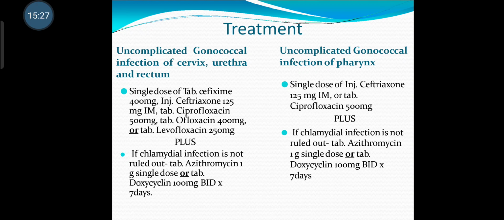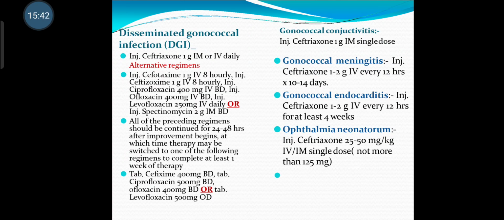For the pharynx, ceftriaxone, ciprofloxacin can be given. For chlamydial infection, azithromycin or doxycycline can be given in both conditions. In disseminated gonococcal infection, the following drugs can be given: ceftriaxone, cefotaxime, ciprofloxacin, ofloxacin, levofloxacin, cefixime, etc.